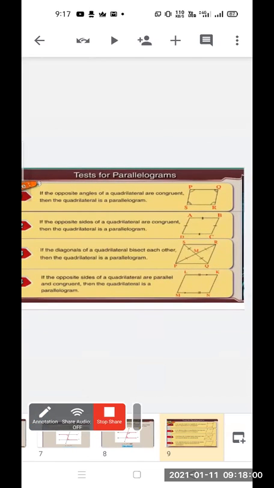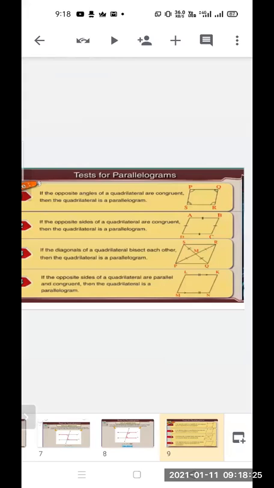The second property is that if the opposite sides of a quadrilateral are congruent, then the quadrilateral is a parallelogram. If any quadrilateral is given and its opposite sides are congruent, then we can say that the given quadrilateral is a parallelogram.